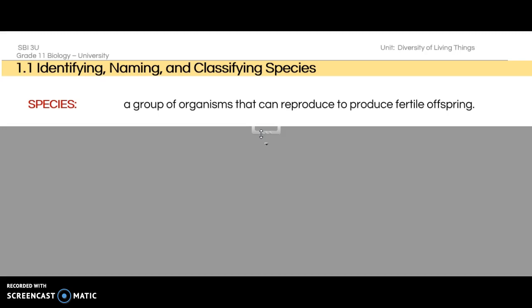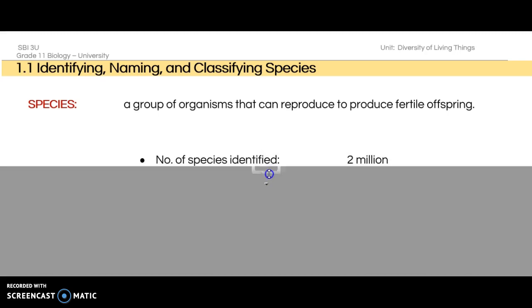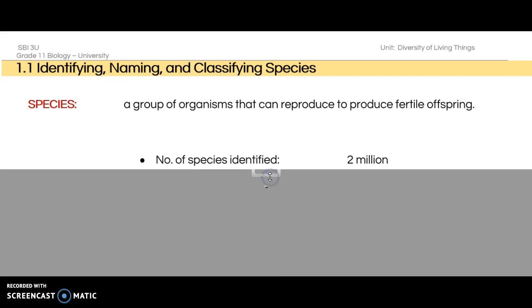So some interesting facts. To date, scientists have identified 2 million species on our planet. Right? Now, that seems like quite a bit. But having said that, we also recognize that there are some limitations in the world of science in terms of what can be identified.